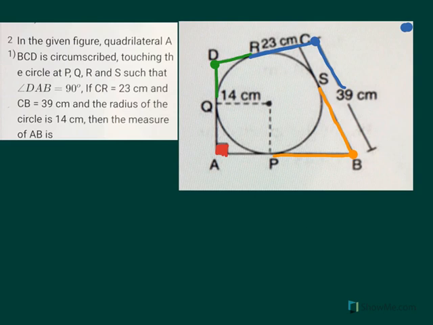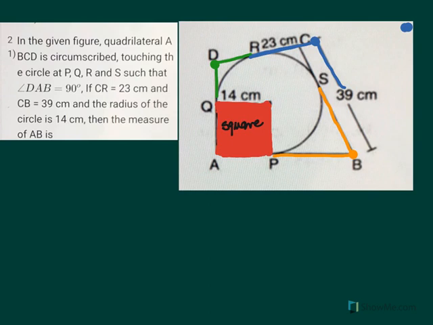Now first we know this is 90. This angle is already given. This is also 90, radius and tangent. This is also 90. Right? So this also will be 90. So this inner figure now becomes a square.